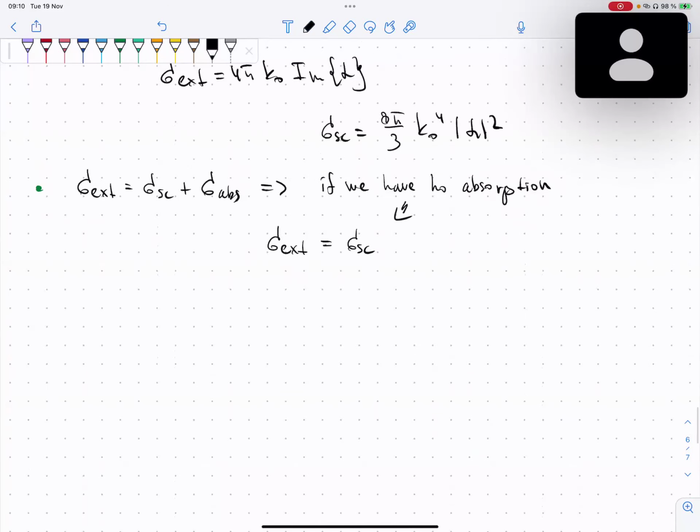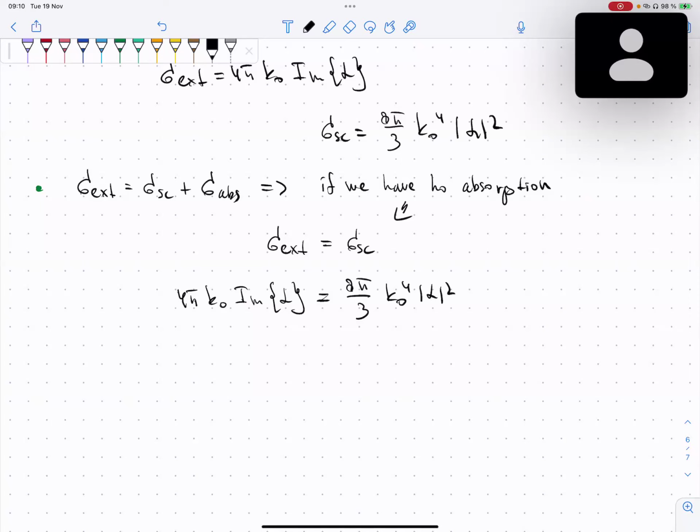So basically it means that 4 pi k0 times the imaginary part of polarizability equals 8 pi divided by 3 k0 to the 4th power times the square modulus of the polarizability.